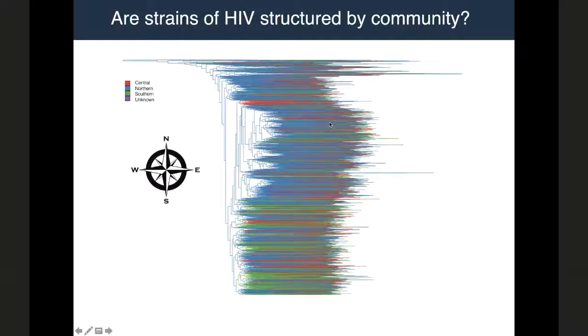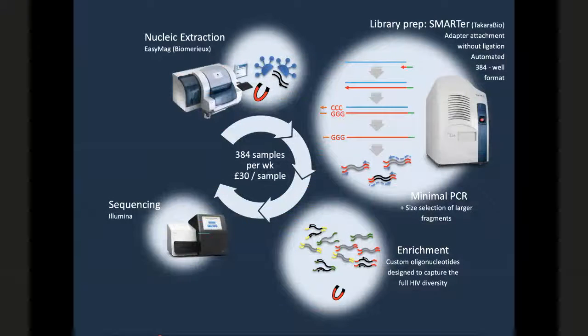It wasn't my intention that this tree would accurately represent the compass, but it does seem that the southern communities have fallen at the bottom of the tree and the northern communities at the top. So there is structure there. So I think it's reasonable to consider the possibility that properties of the virus, like resistance, could be having an effect.